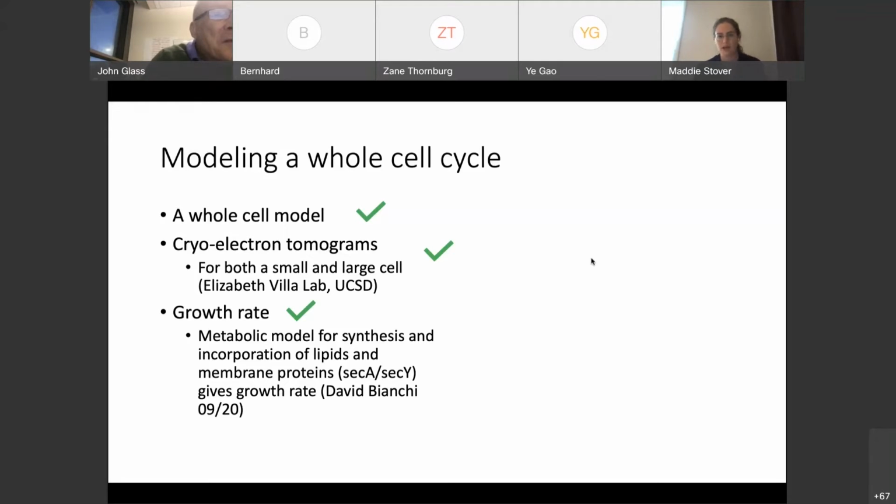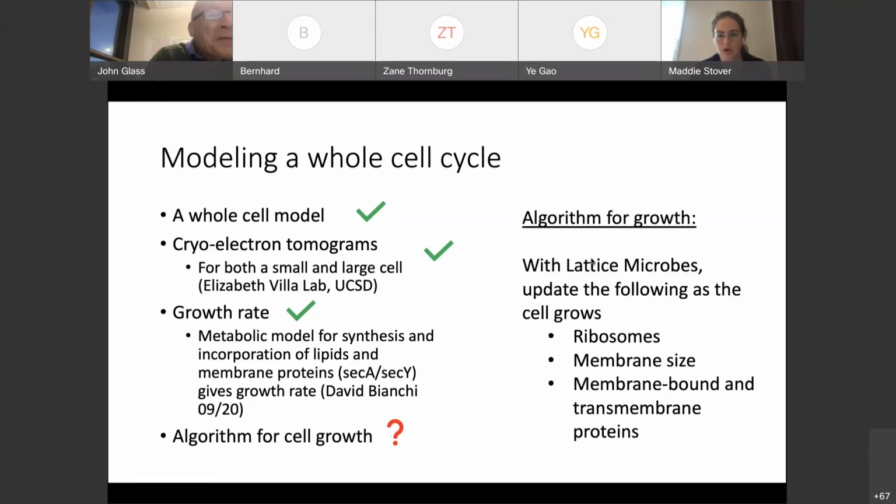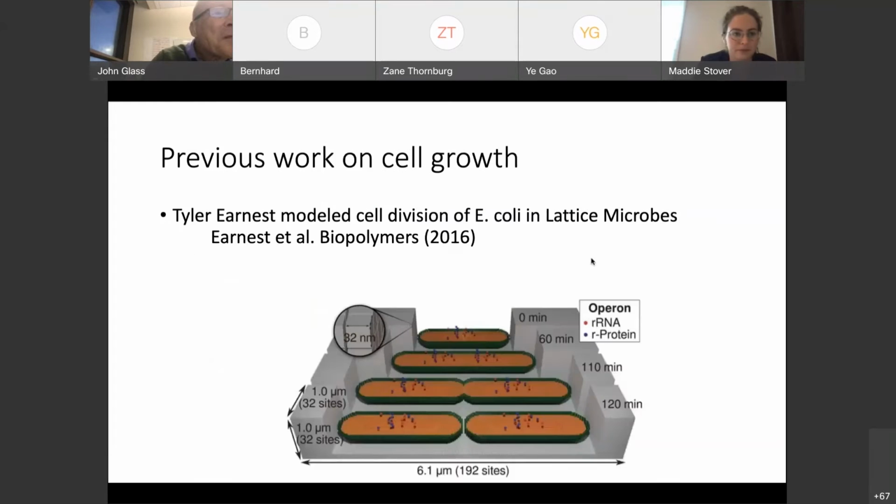So all that is missing to incorporate this whole cell cycle into our cell model is an actual algorithm for cell growth. To accomplish this in Lattice Microbes, we'll have to update the following three things as the cell grows: ribosomes, membrane size, and the membrane-bound and transmembrane proteins.